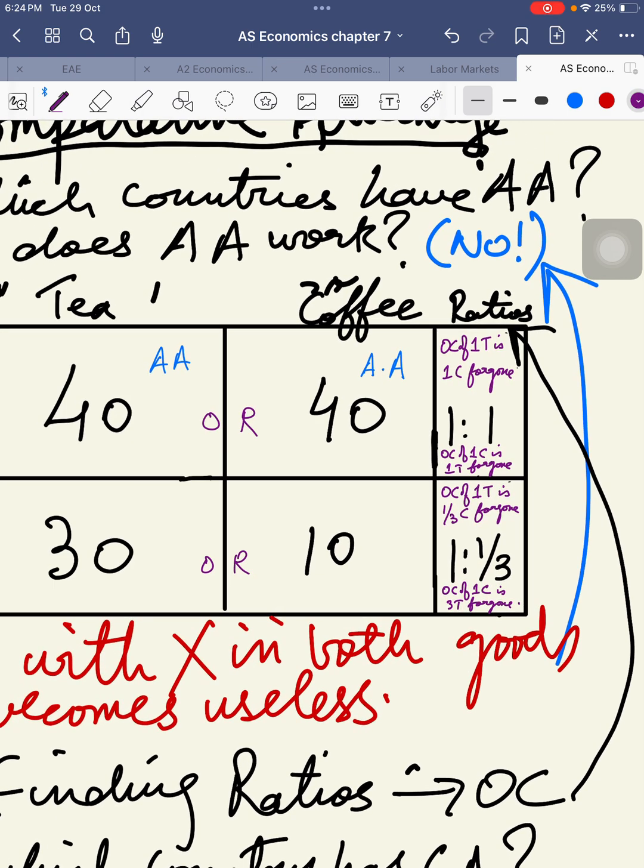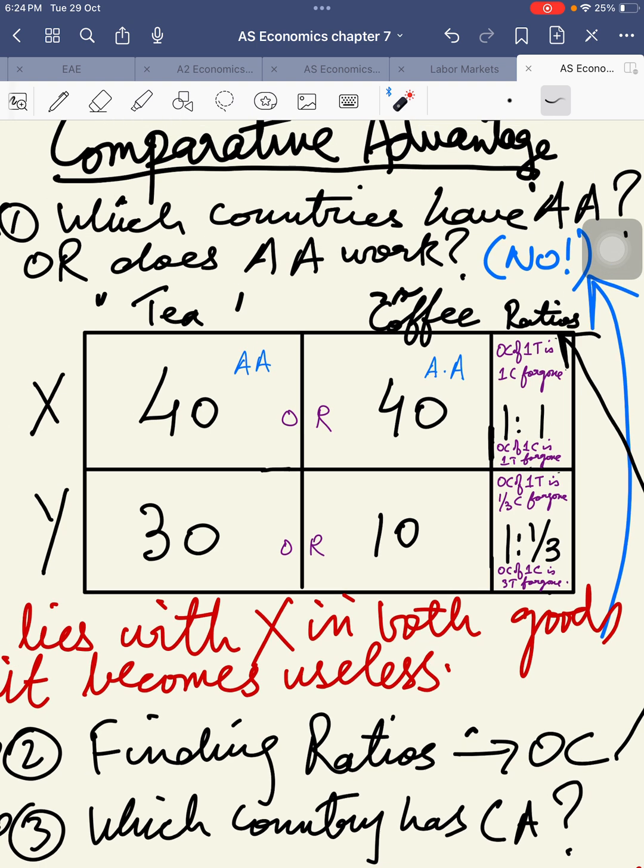So the opportunity cost, let's just look at the opportunity cost of tea. The opportunity cost in country X of producing one tea is one coffee forgone, while the opportunity cost in country Y of producing one tea is 1/3 coffee forgone.